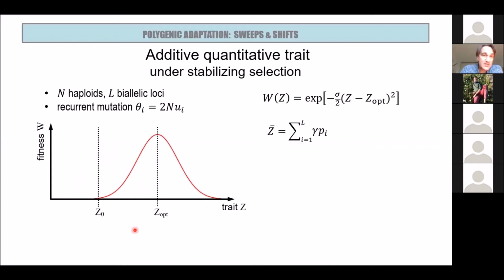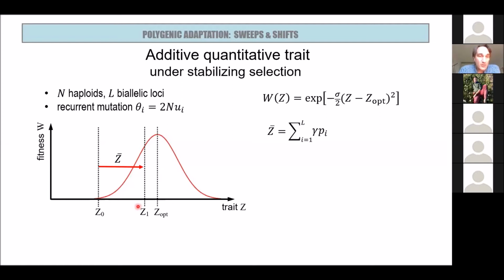This happens suddenly, and then adaptation, of course, will drive the trait mean from this old position towards this new optimum. And it will reach this optimum at some point, after maybe quite a long time.